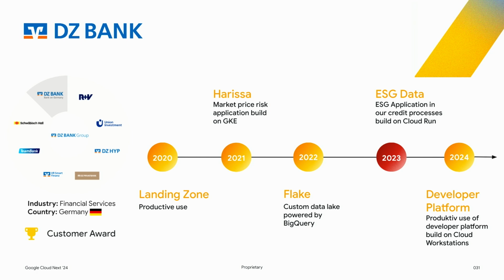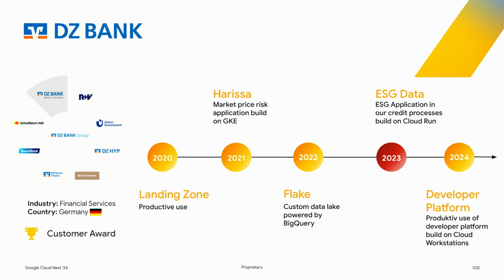Now we want to talk about the last 4 years, what we achieved, and these are only the highlights of what we did. So in 2020, we started building our landing zone and turned it productive. 1 year later, we migrated our newly, completely cloud-native developed market risk platform, named Harissa, on GKE and turned it productive.